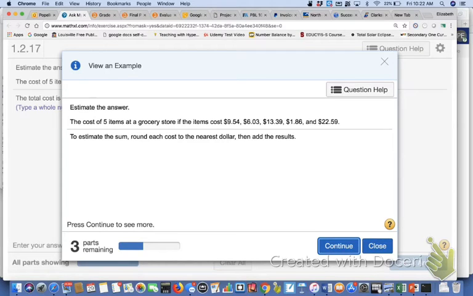So now let's look at the second dollar amount in the problem. The second dollar amount is $6.03. Oops, I don't know why I just wrote an 8. That was kind of silly. $6.03. So again, we're rounding to the nearest dollar, which means we're rounding this number 6 right here. We're trying to decide, are we going to round the 6 up to 7, or are we going to leave it as a 6?